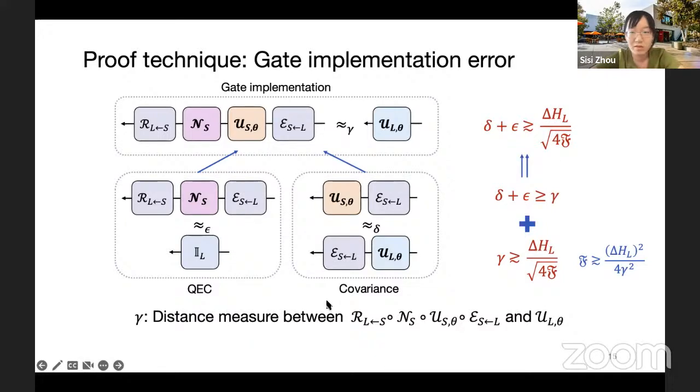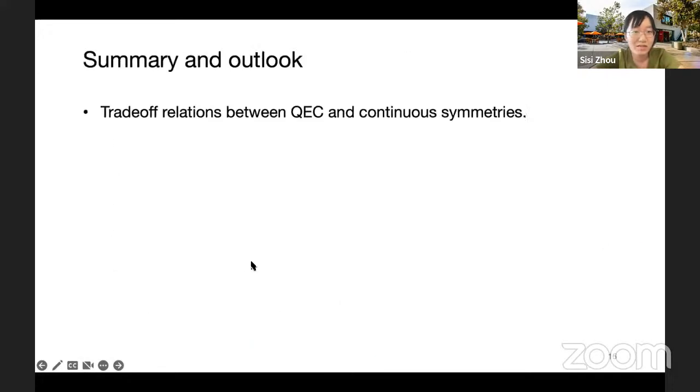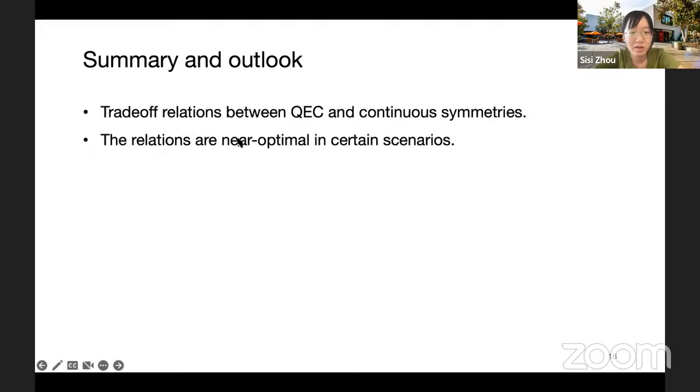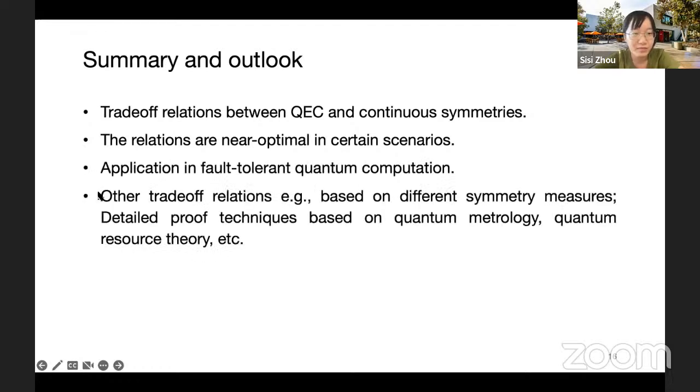So, to summarize, we've derived several types of trade-off relations between quantum error correction and continuous symmetries. We also show that the relations are nearly optimal in certain scenarios. We also provide application of our results in fault-tolerant quantum computing. There are also other types of trade-off relations based on different symmetry measures that I didn't have time to discuss.